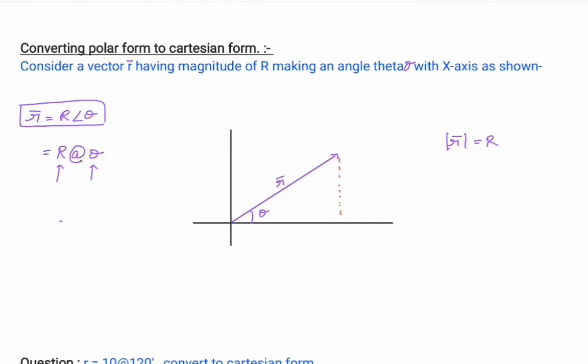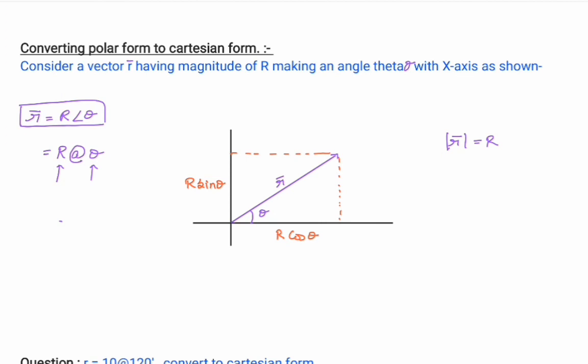As we know, the magnitude of the given vector is R, so this value is going to be capital R cos theta. Similarly, this one is going to be R sin theta.